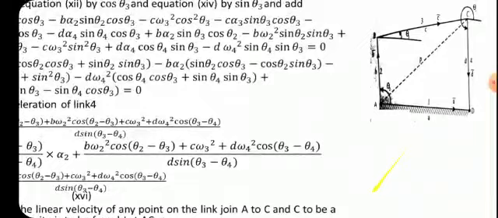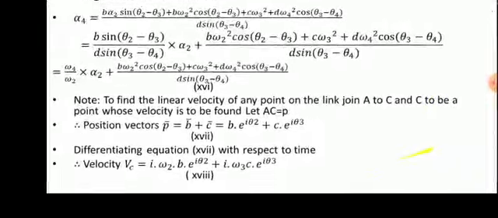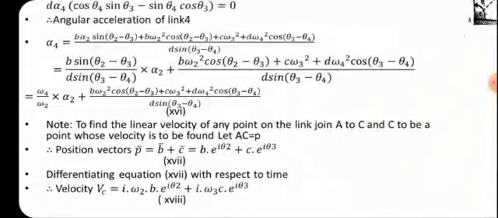join A to C. You see this equation, join A to C and C be a point whose velocity is to be found.